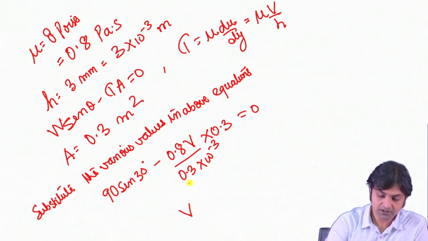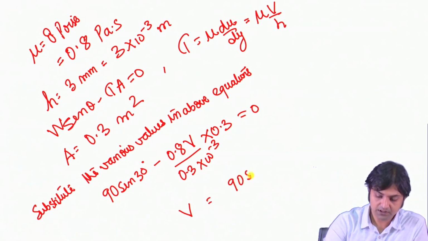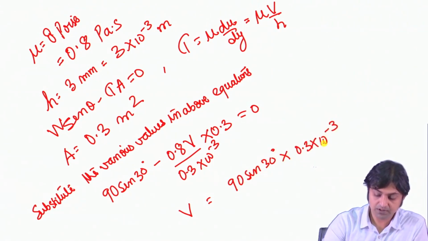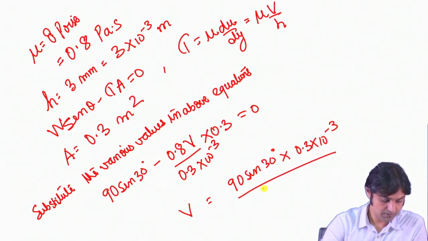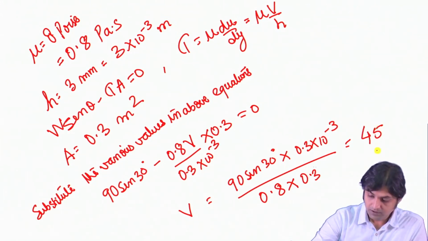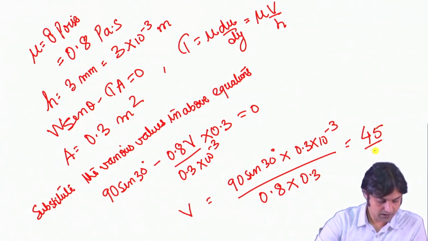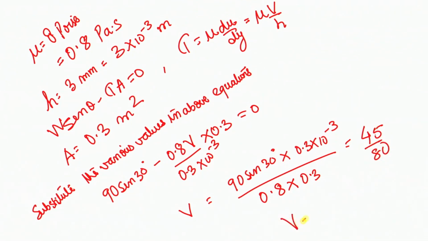So what we get, bring this side, V is 90 sine 30 multiplied by 0.3 into 10 to the power minus 3 divided by 0.8 multiplied by 0.3, or this becomes 45 by 80. So this will be 0.5625 meters per second.